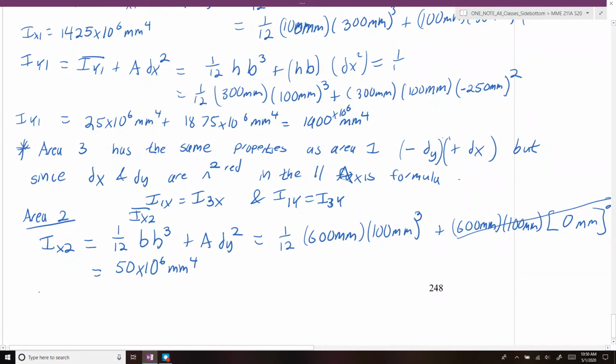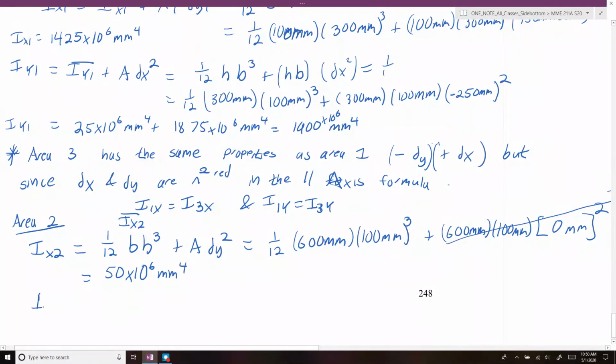And then we can do the same process for Iy2, where it would be equal to the moment of inertia about the centroid of our area, so that would be equal to 1/12 the height times the base cubed, plus our area times dx squared.